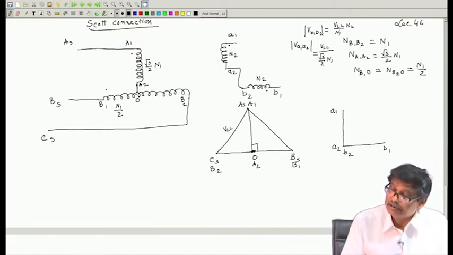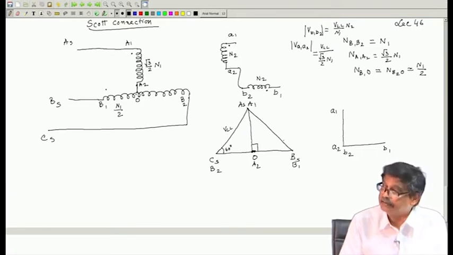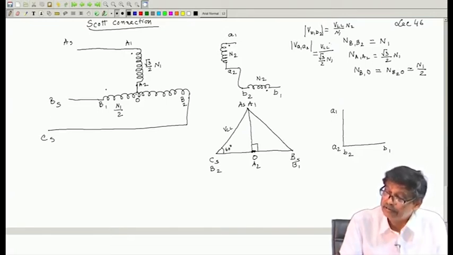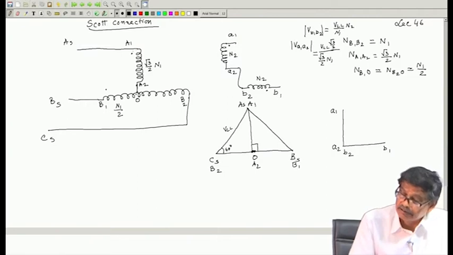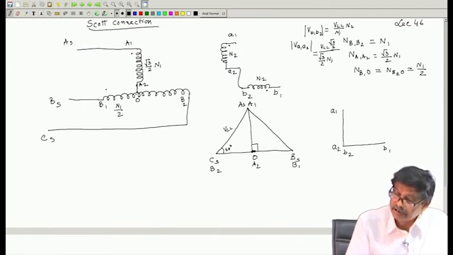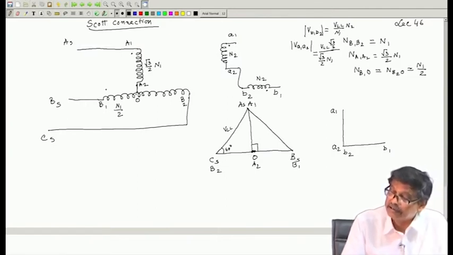Now, this voltage applied across the primary is not VLL, but VLL sin 60 degree. So, this is into root 3 by 2, that is the primary voltage applied across this one is A1 O, which is VLL sin 60 degree, that is VLL into root 3 by 2, and its number of turns.